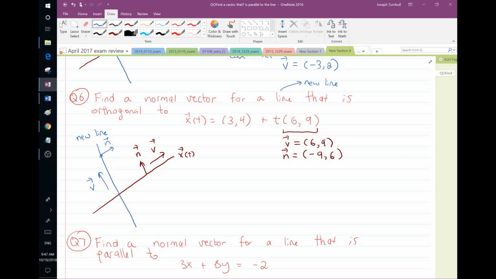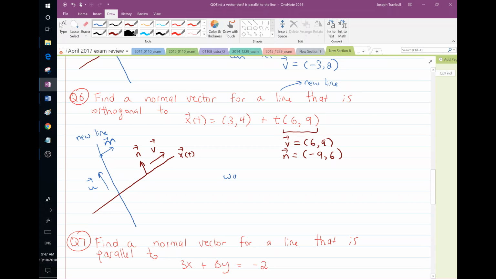No, if you demand that no colors be allowed except the gray of a pencil, or the blue of a pen, then don't use N for both. Use M for the second one. Actually, I'll do that here. I'll pretend I don't have colors. M, and instead of using V, I'll use U. So this second line has a normal vector M, and a direction vector U instead.